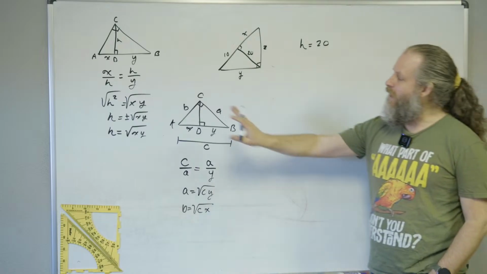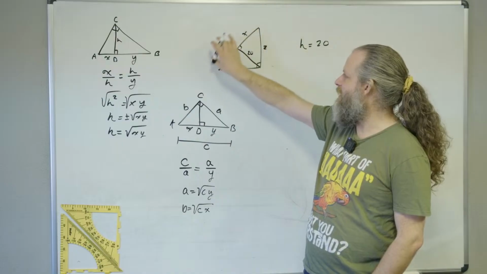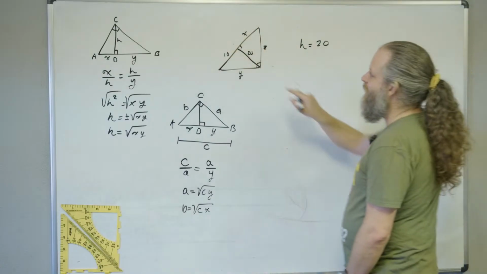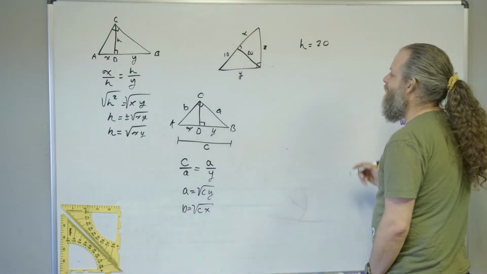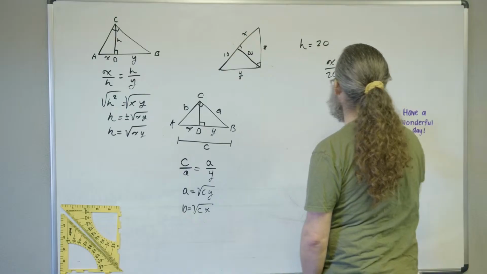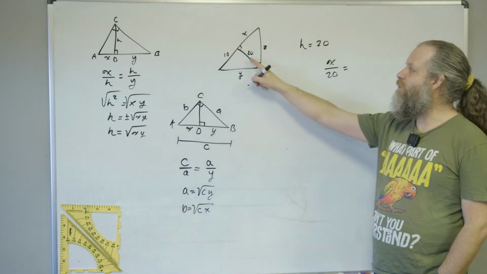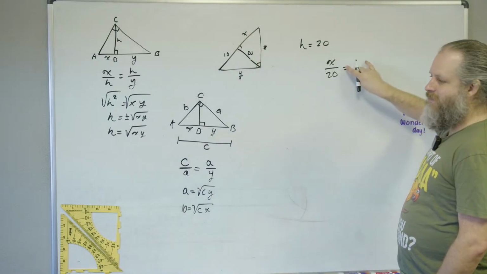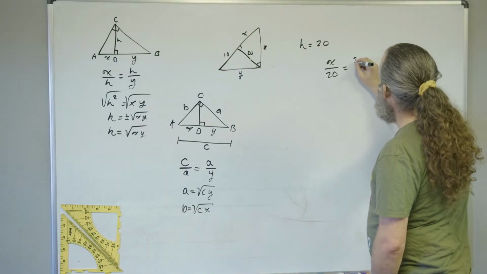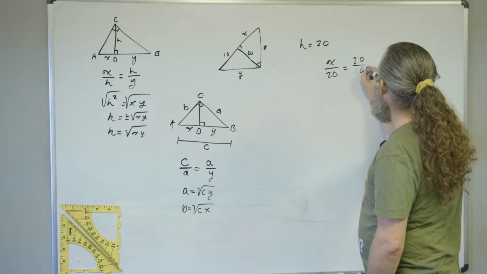And on that one, we're interested in the little bits down here, so x is x, I suppose. So x to 20 equals, and the altitude is the one that gets duplicated, so 20 over 10.